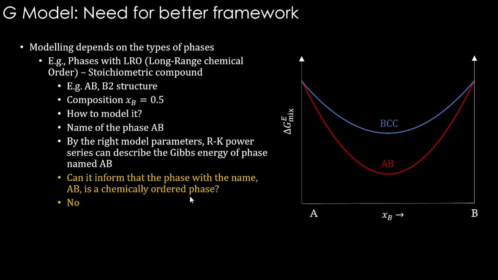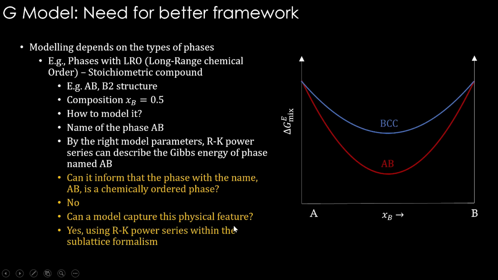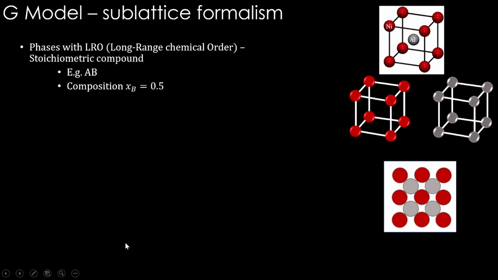The answer is no. It only has the equation, and the equation will give different Gibbs energy values. So can a model capture this physical feature? The answer is yes. We can still use the RK power series, but within the sublattice formalism, we have to go for a different modeling formalism. We will see what that is.